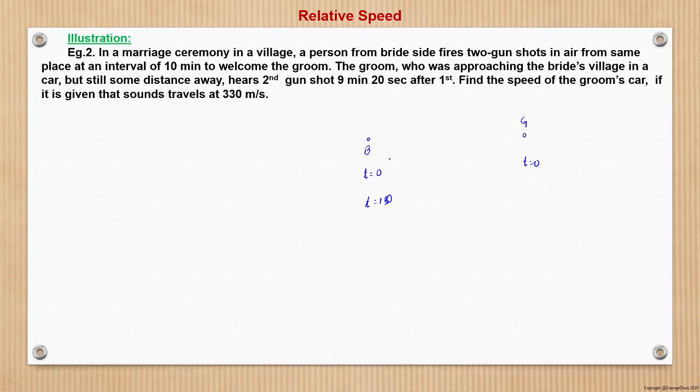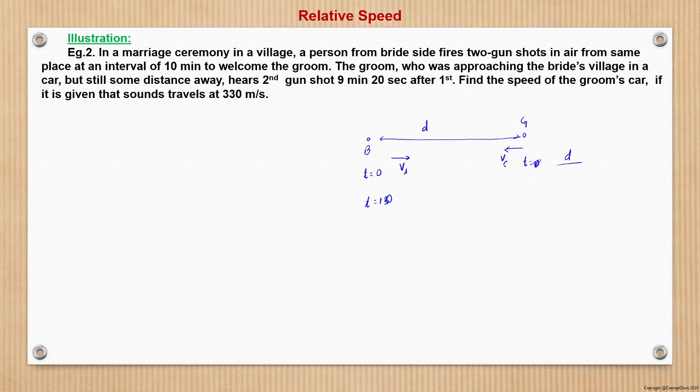That is nothing but the time taken by the sound to travel this distance. Let this distance be d, right? So the groom will hear this shot at t = d upon the relative velocity of the two. Now see here, let us assume that sound travels at a velocity of vs, and the groom is sitting in a car and the car is moving this way.